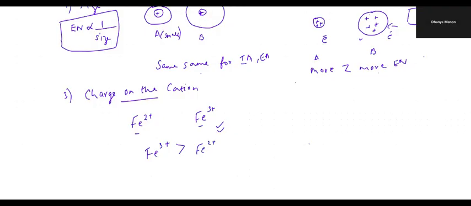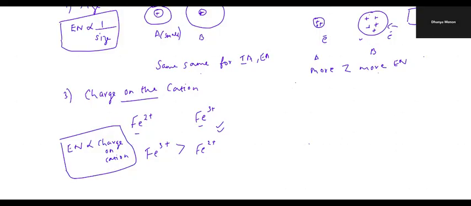So whichever ion has more positive charge, the electronegativity will be more. So I can write electronegativity is directly proportional to what? Write it here: electronegativity is directly proportional to charge on the cation. The more the positive charge on the cation, the more the electronegativity.